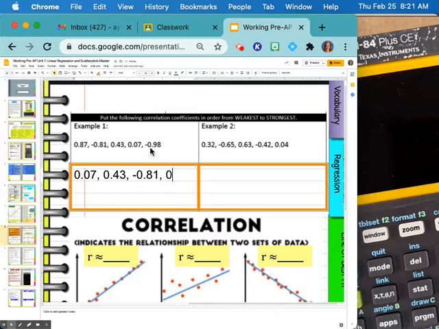And the next one, 87/100. Next one, 98/100. So positive and negative are not important when we're talking about weak or strong.